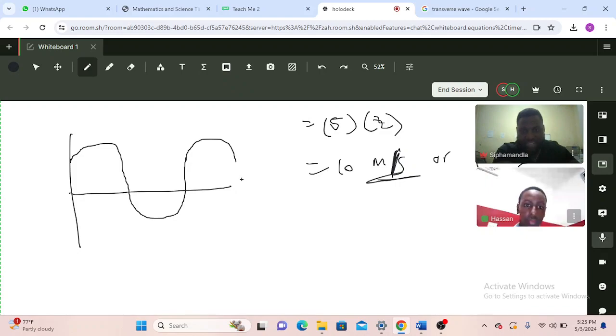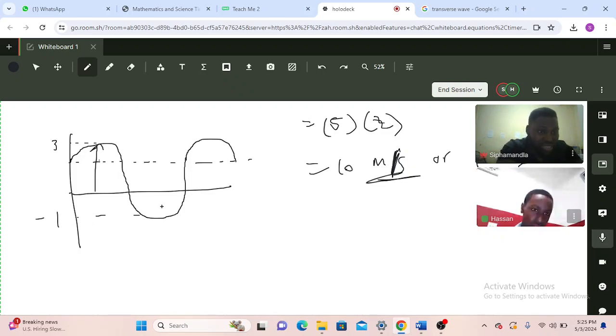You can have a transverse wave like this, and then they say the distance from here to there is maybe 3 meters, and here to there is -1. And then they say, what is the amplitude for this? Calculate the amplitude.